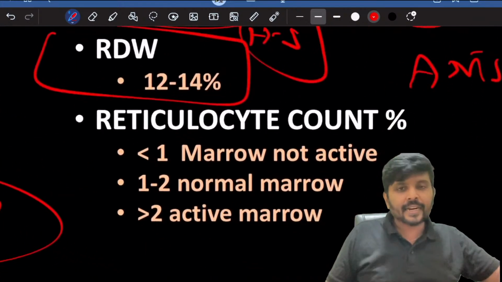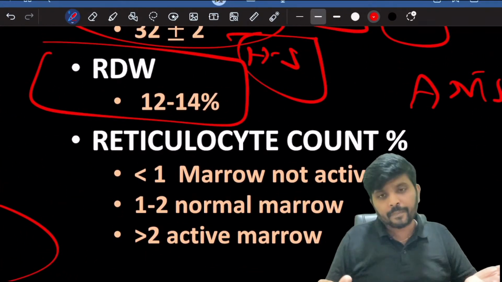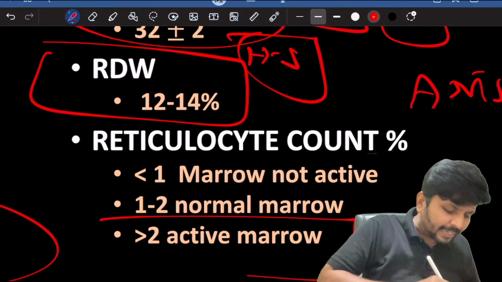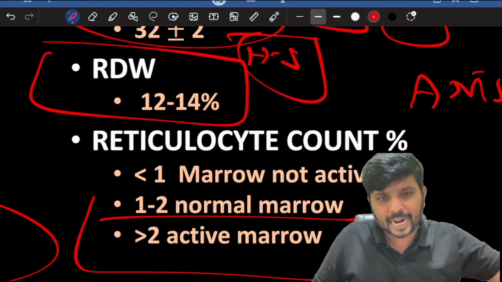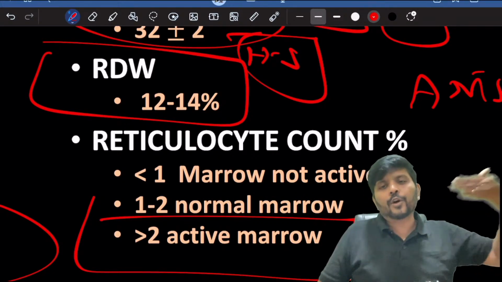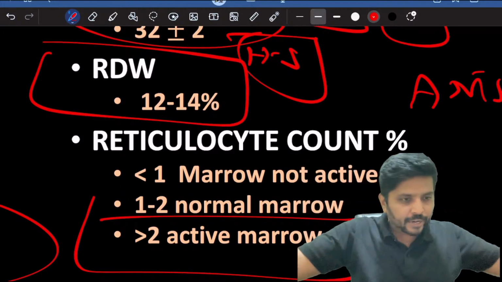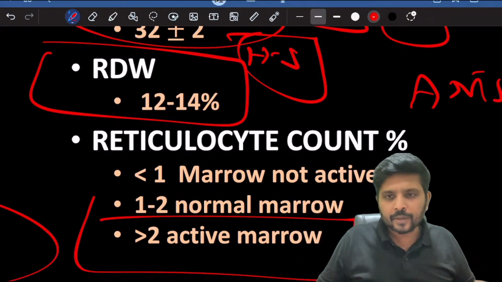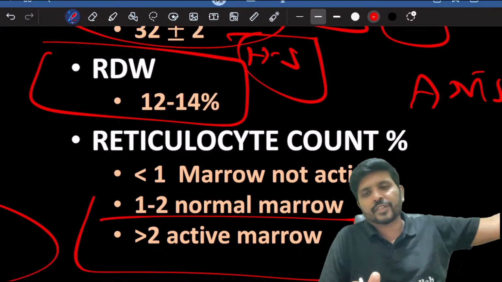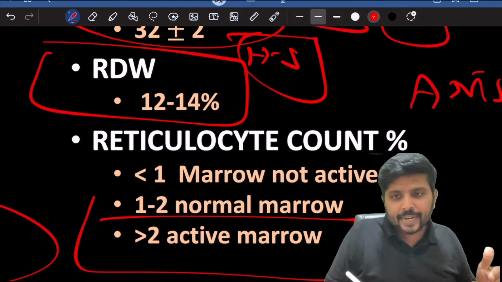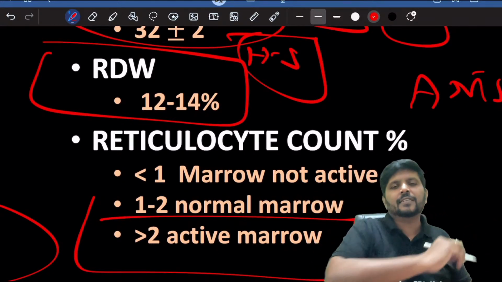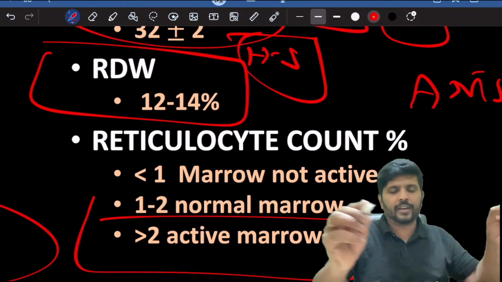And finally, reticulocyte count. Remember, when you have an active, brisk reticulocytosis, it means your bone marrow is active. You are not going to think in terms of bone marrow infiltration or bone marrow hypoplasia. Instead, you need to think in terms of peripheral destruction. So a high reticulocyte count always indicates that your bone marrow is functioning well.